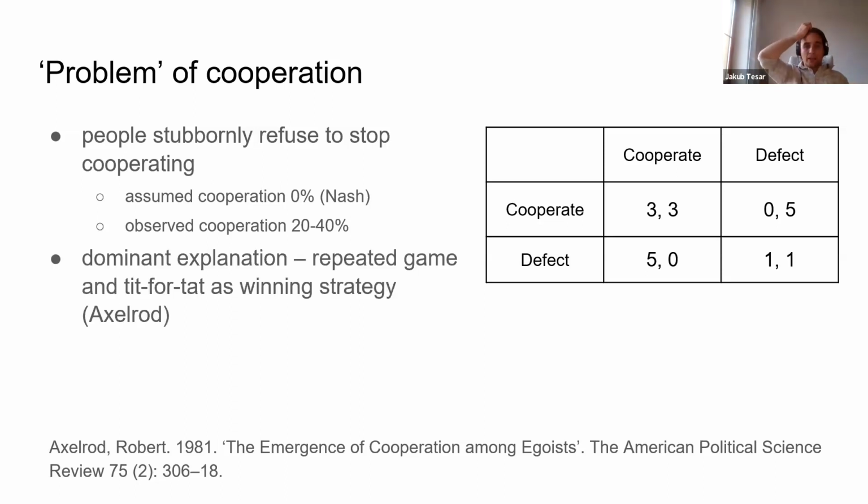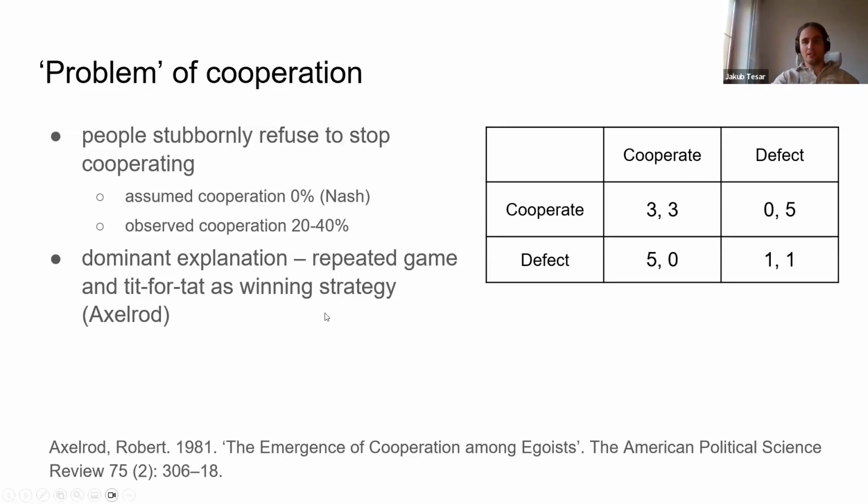There is one possible explanation. If you are from the IR field, you probably know the article by Axelrod from 1981, in which he reported the results of a tournament. He invited computer algorithms to play the Prisoner's Dilemma against each other, and this tournament had a clear winner, which was the strategy tit for tat.